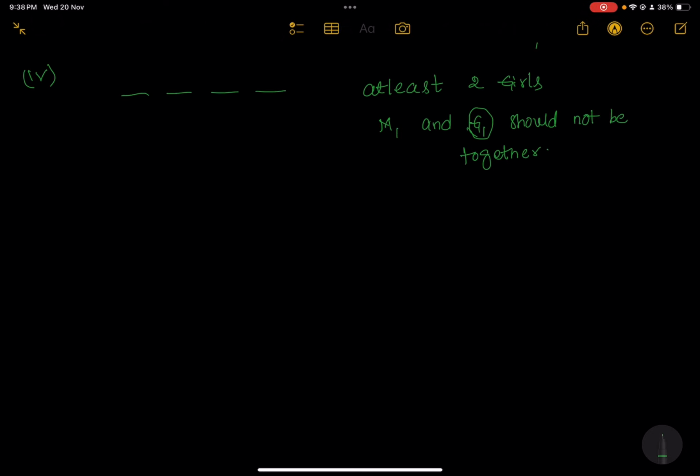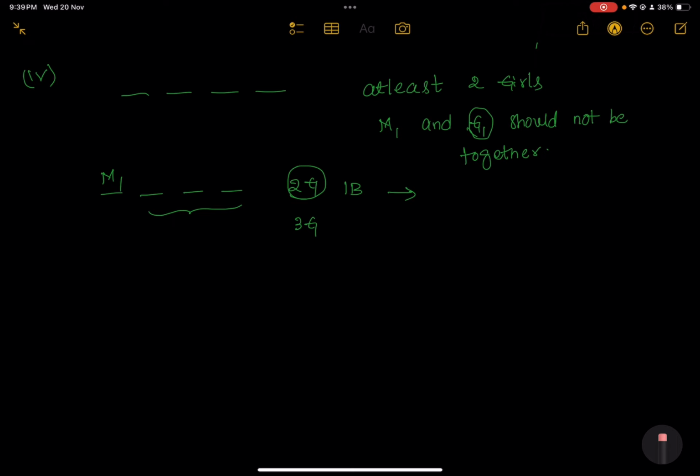So let us say there is M1 in the group. So we need at least 2 girls. So the other 3 places can be filled by 2 girls and 1 boy, or all 3 girls, correct? So we have to choose 2 girls from 5 girls, but G1 should not be there.